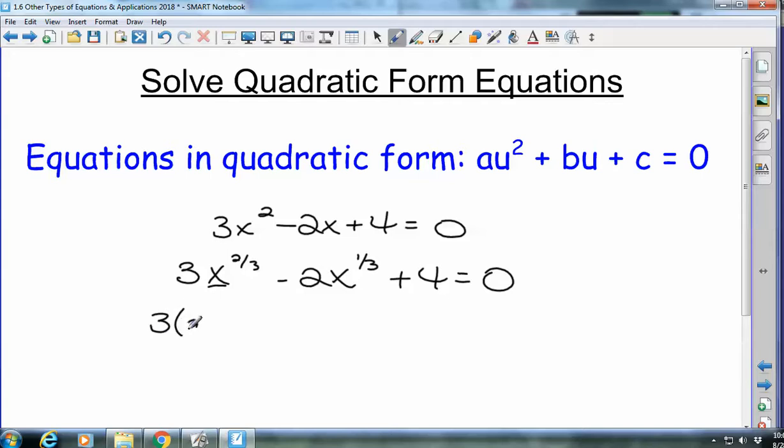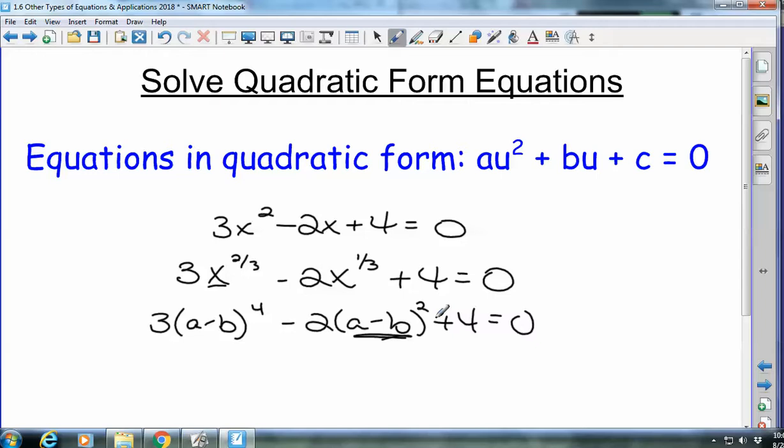That makes it like a quadratic. It may be something like 3 times a minus b to the 4th minus 2 times a minus b plus 4. Okay, if I look at my variable part, a minus b squared. If I square that, I get a minus b to the 4th. That's what makes those like a quadratic.